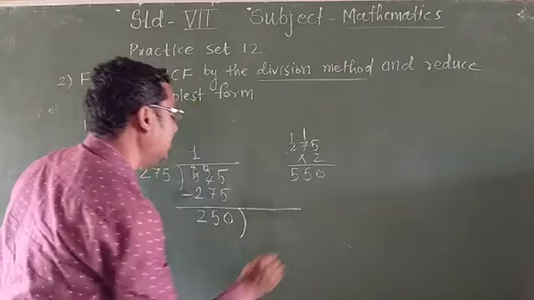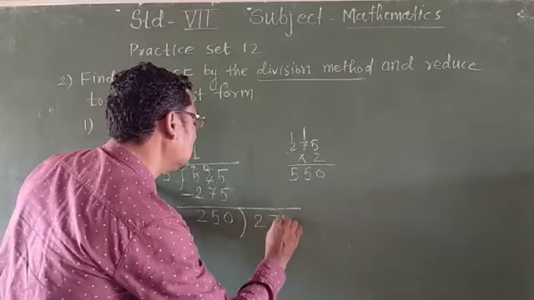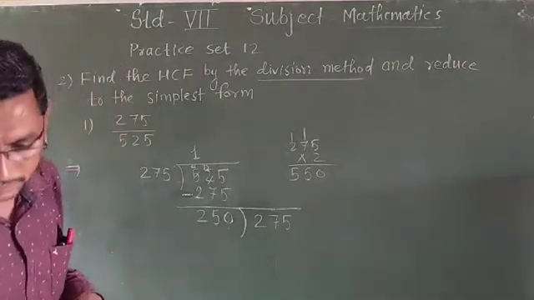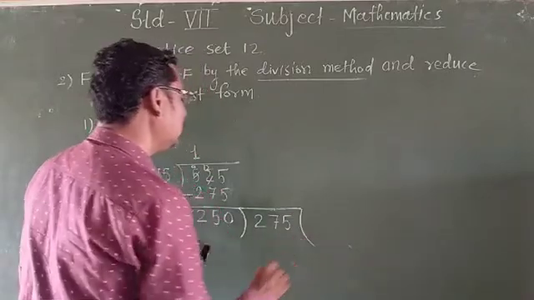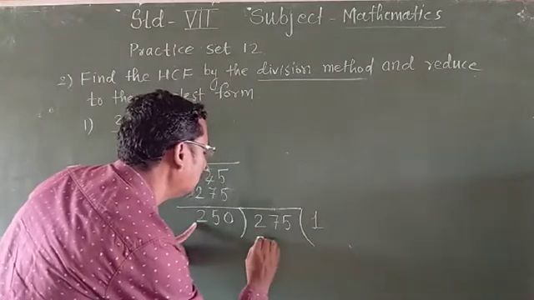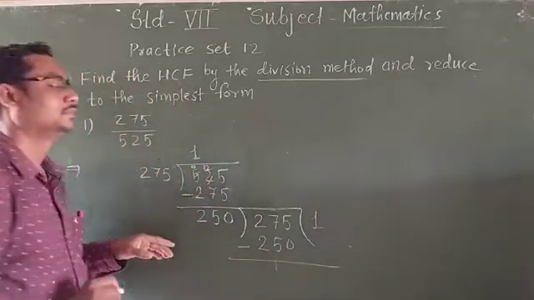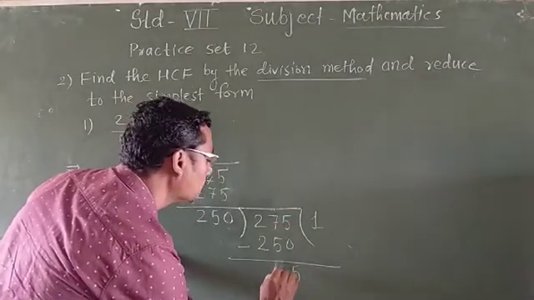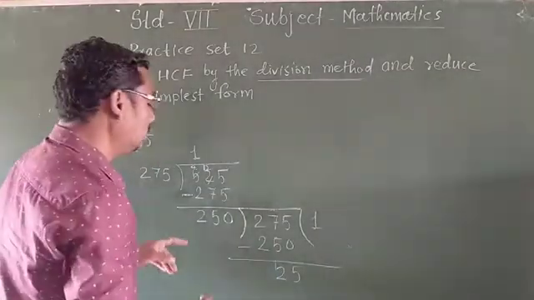Again, we have to divide the previous divisor by the remainder. The previous divisor 275 has to be divided by 250. 250 times 1 is 250. Subtract: 5 minus 0 is 5, 7 minus 5 is 2, so the remainder is 25.